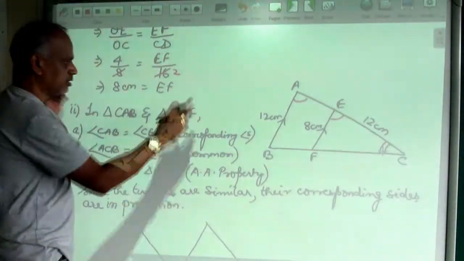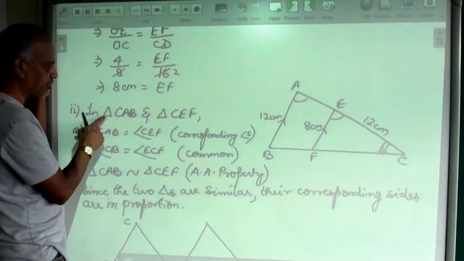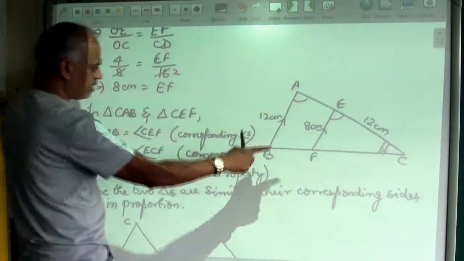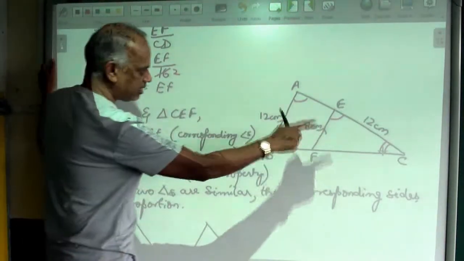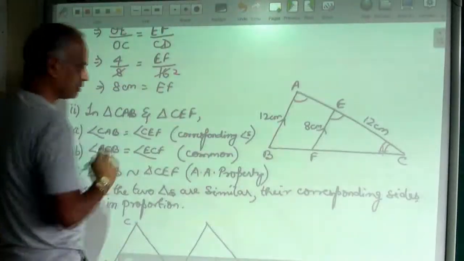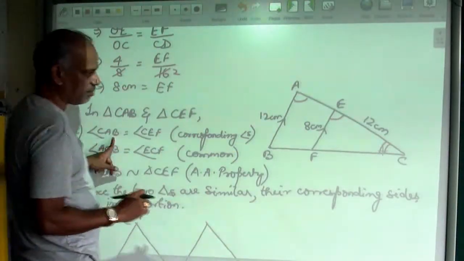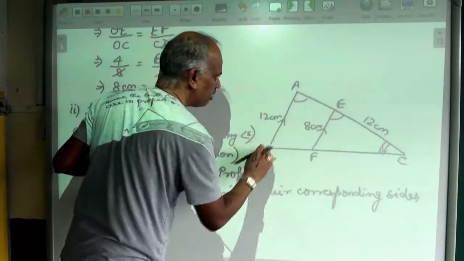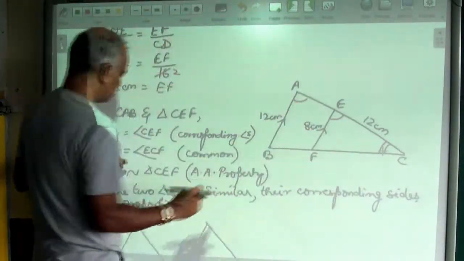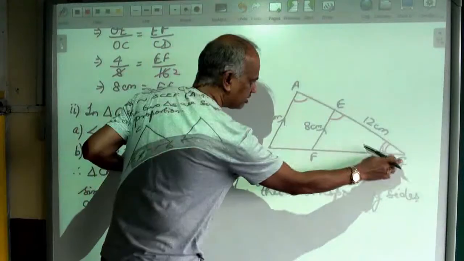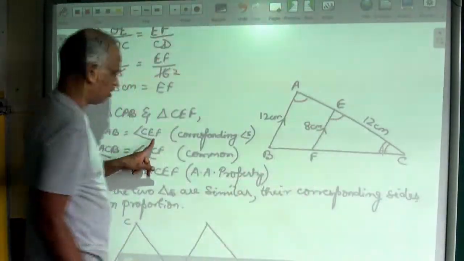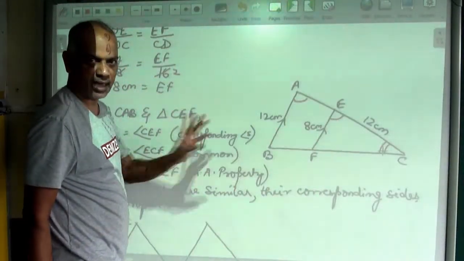Okay. So the two triangles that we are going to use are triangle CAB, the biggest one, and CEF, the smallest one. First angle which is the same, angle CAB, that's a single arc, must be equal to the other single arc, CEF, this one. Why are they equal? They are corresponding angles.